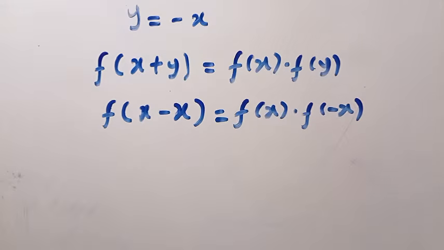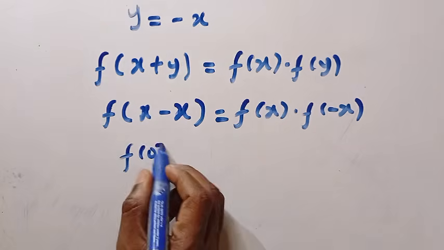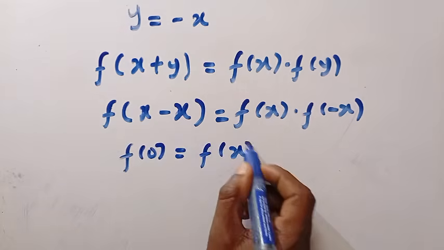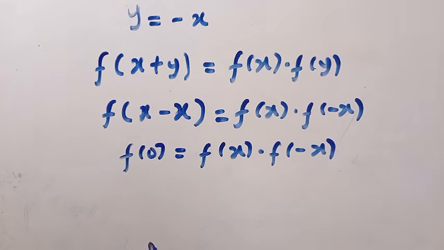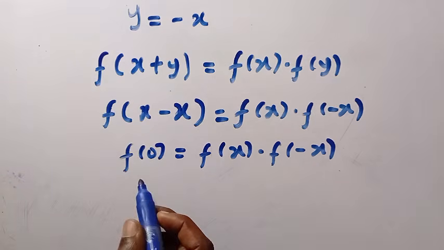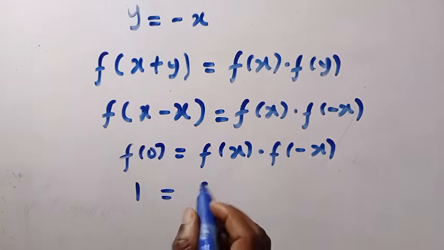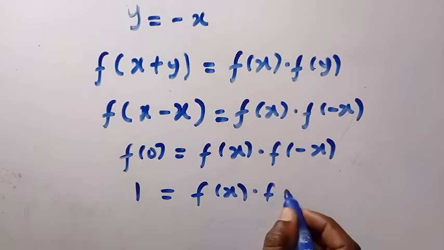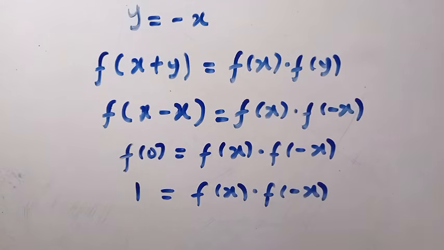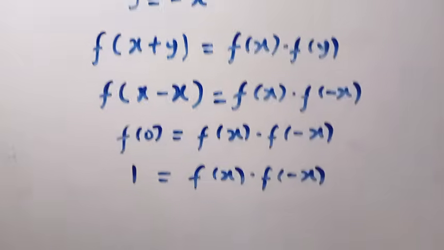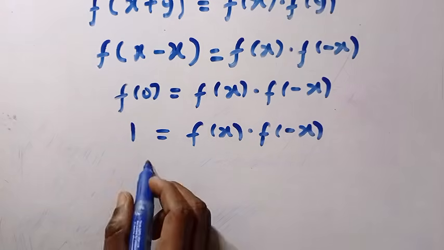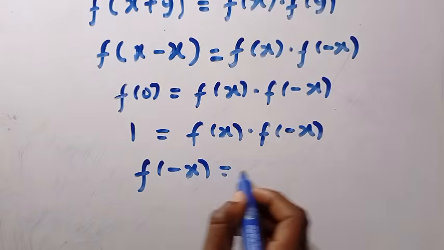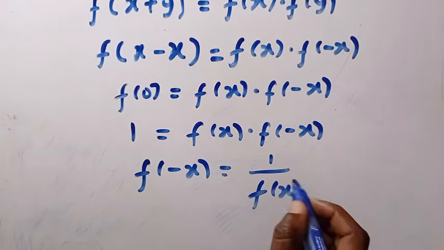And with this, we have f of 0 equals f of x multiplied by f of minus x. From the initial given conditions, we have f of 0 which is 1. So 1 equals f of x multiplied by f of minus x. So if I make f of minus x the subject, since we are testing for negativity, we have f of minus x equals 1 divided by f of x.